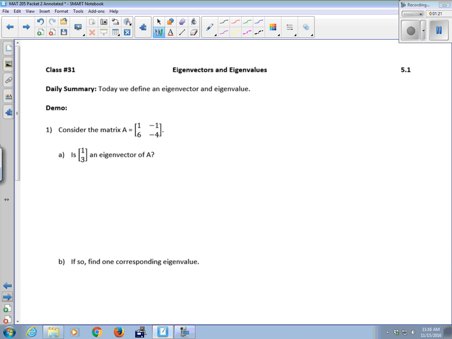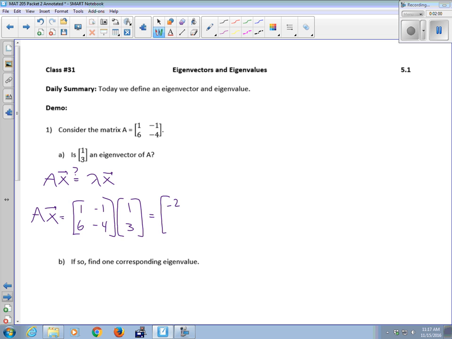Okay, let's look at some examples. I have a matrix A, and I want to know, is (1, 3) an eigenvector? For it to be an eigenvector, A times that vector has to be a constant multiple of that vector. So is Ax equal to lambda x? Ax would be [1, -1; 6, -4] times (1, 3), and you get (-2, -6).